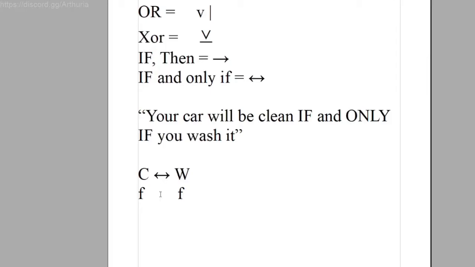So this statement would be true, because I said that your car will only be clean if you washed it. If your car is clean, however, and you're a lazy butt like me, and you didn't wash it, then I lied to you with this statement.